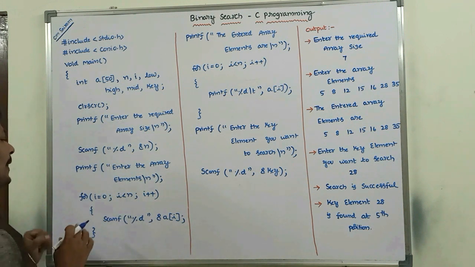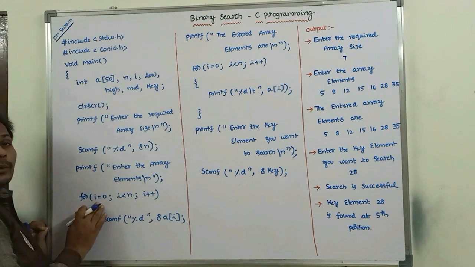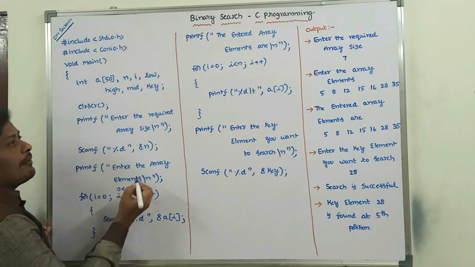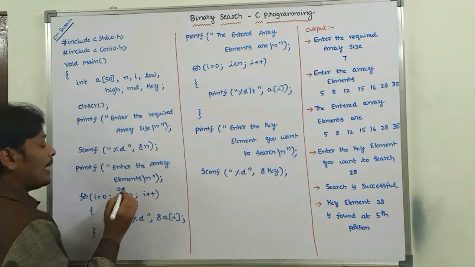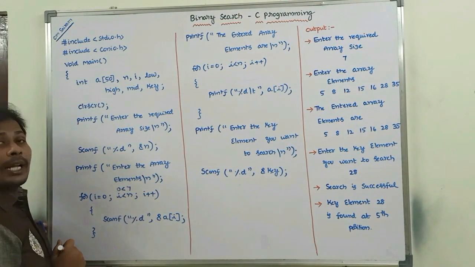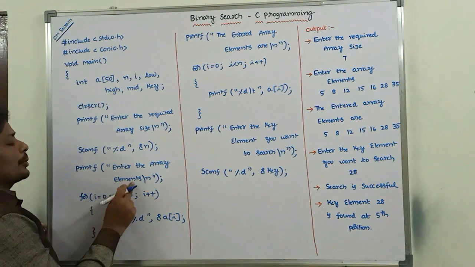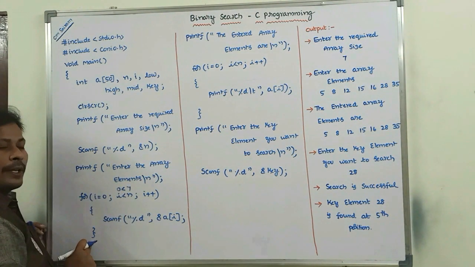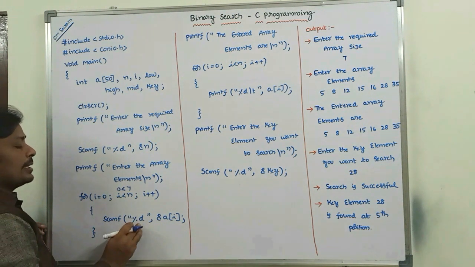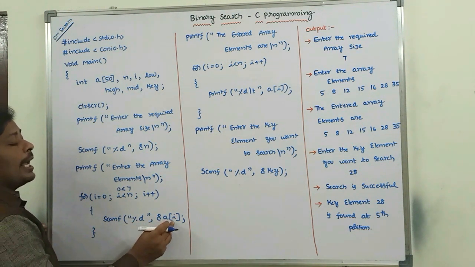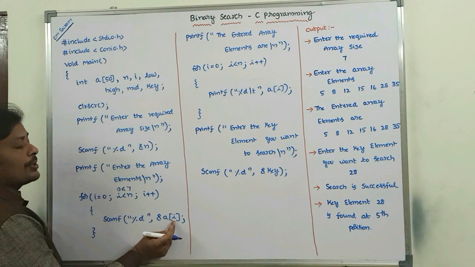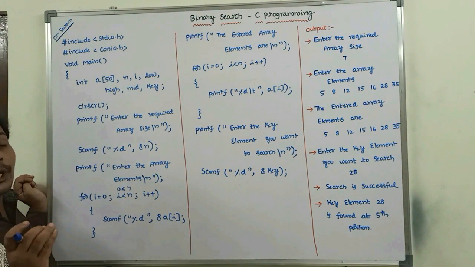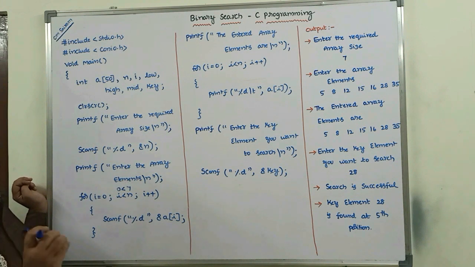First, for i is equal to 0. 0 less than n; I am taking the required array size 7. 0 less than 7, condition true. If the condition is true, the control goes to the body of the for loop. scanf("%d", &a[0]). The i value is 0, so &a[0]. The a[0] value is read from the keyboard.